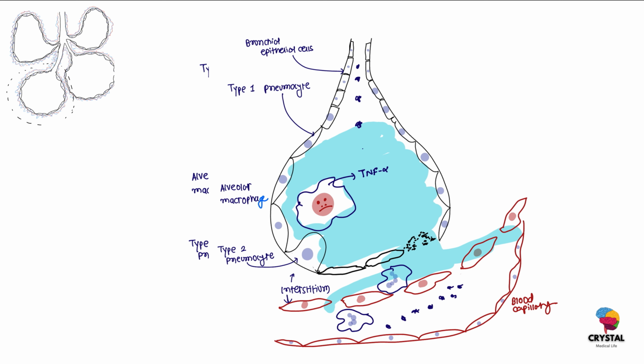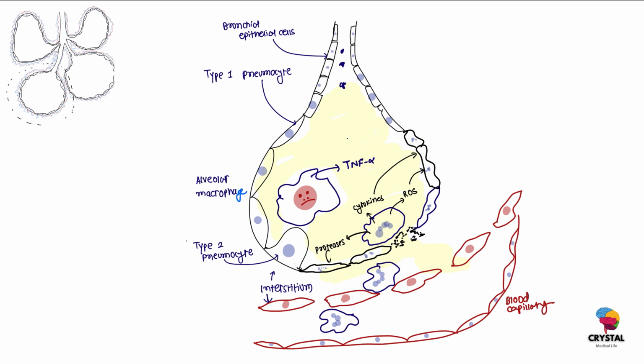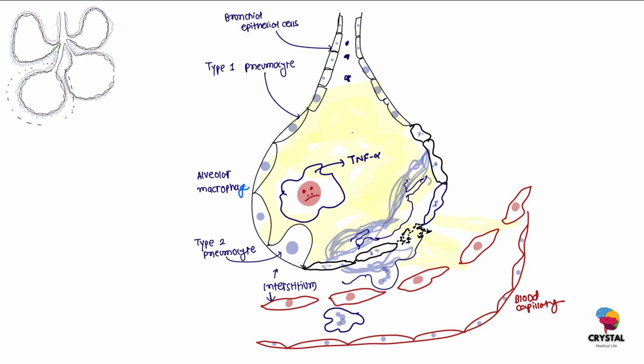To make matters worse, neutrophils will release proteases, cytokines, and reactive oxygen species, and this will damage the type 1 pneumocytes. Okay, and they are destroying them. This is not enough for them. They now burst themselves and make neutrophil extracellular traps, NETs. These sticky webs released by the neutrophils contribute to ongoing inflammation and tissue destruction.